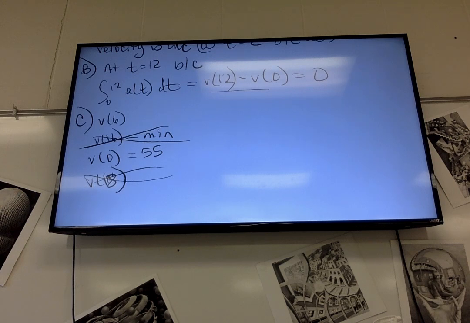It's got to be at 6. So let's find out what it is at 6. We would say the antiderivative from 0 to 6 of a of t dt, but the only thing I haven't included was the 55, and this is something we haven't talked about yet.